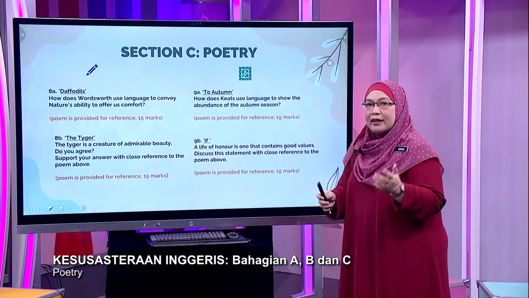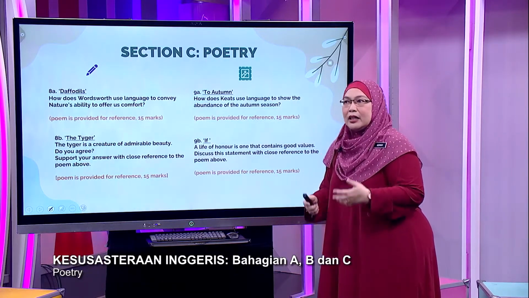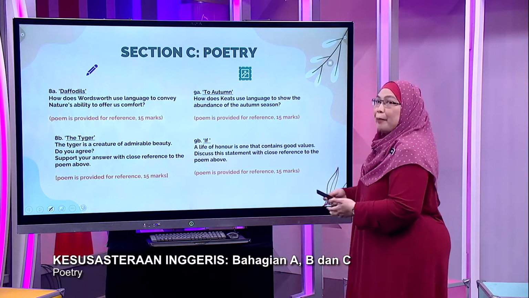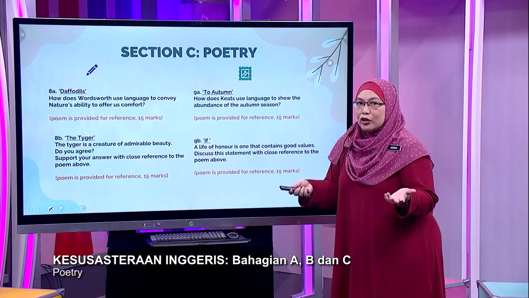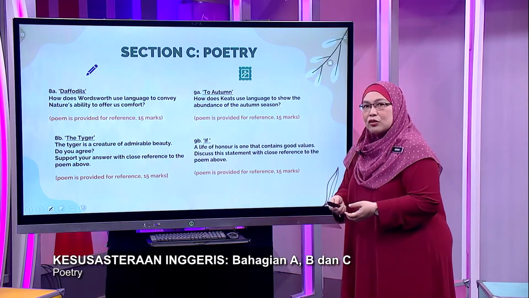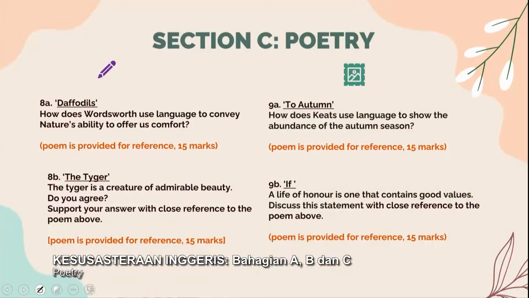So perhaps candidates are going to be asking, are they all exactly the same? Generally, what we expect to see in the question paper on the 22nd of March is that the A questions sound more like technical questions.